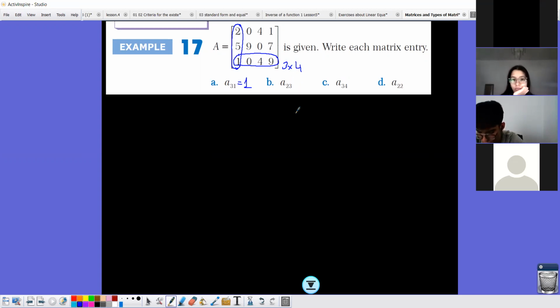So, teacher, sorry, the number which is in both circles is the one that we are looking for? Yeah. The second row and the third column. Second row is this one, 5, 9, 0, 7. Which one is the third column?